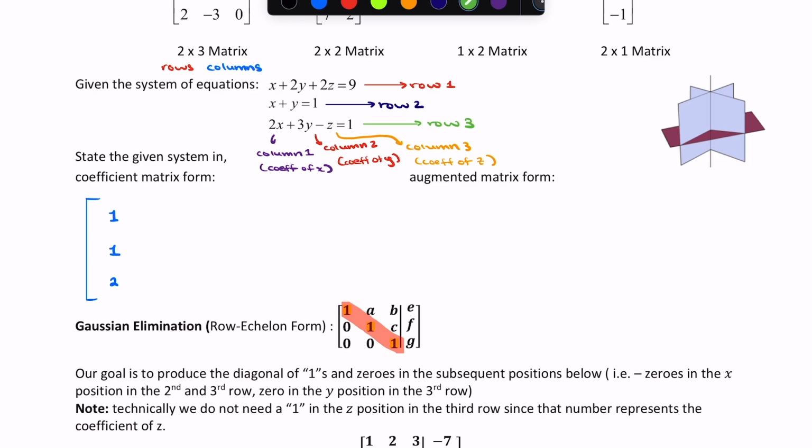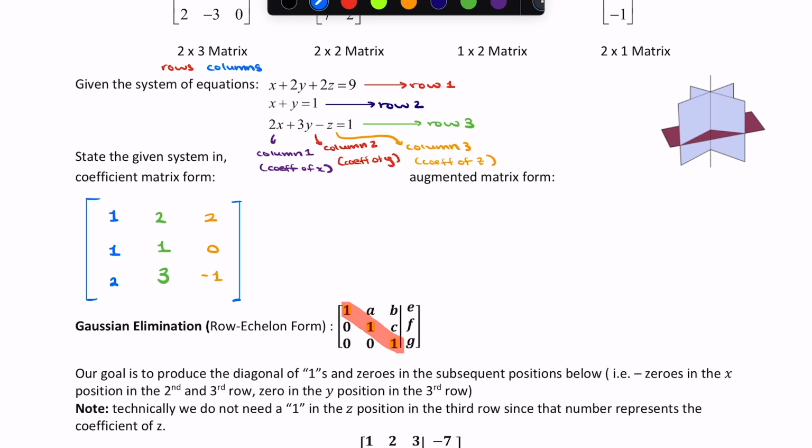In our second column, that represents all the coefficients of y, here 2, 1, and 3. And in our third column, the coefficients of z, which here are 2, 0, and -1. Okay, so that's our coefficient matrix form.